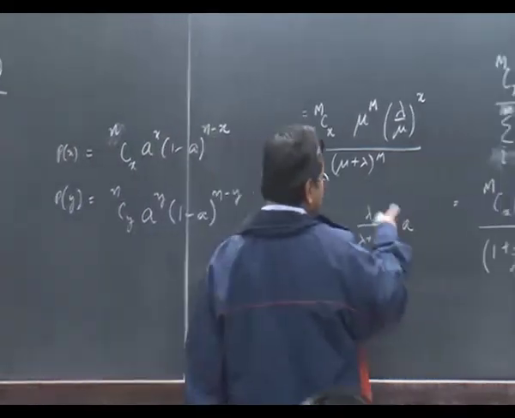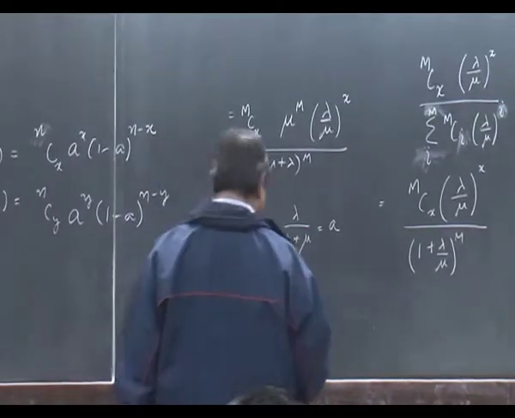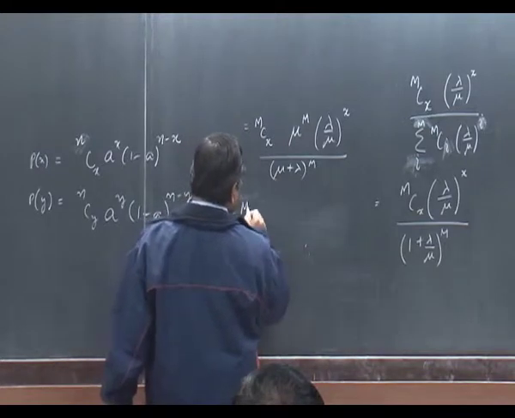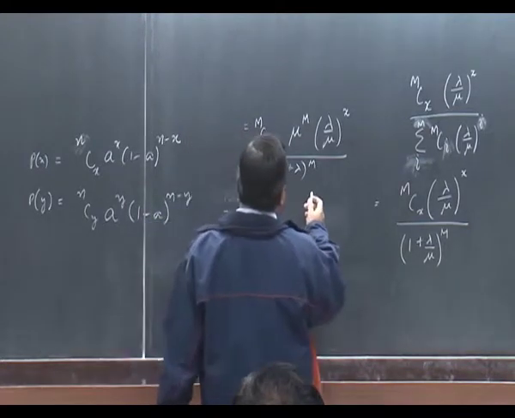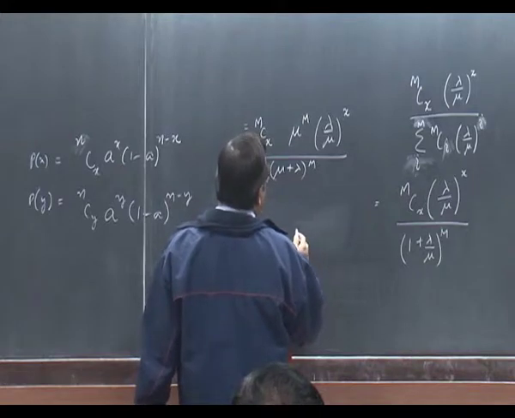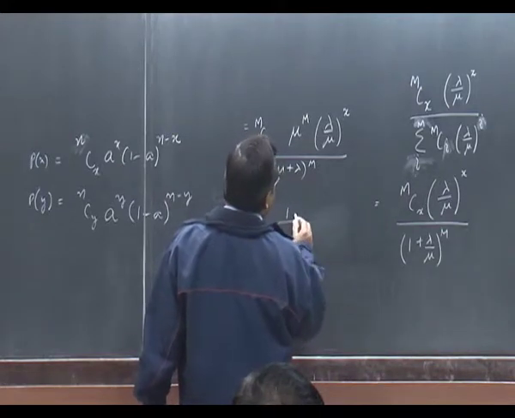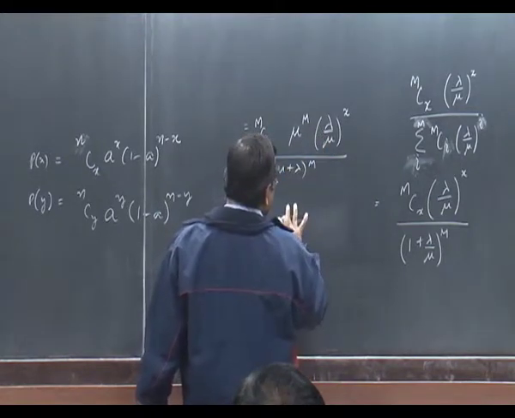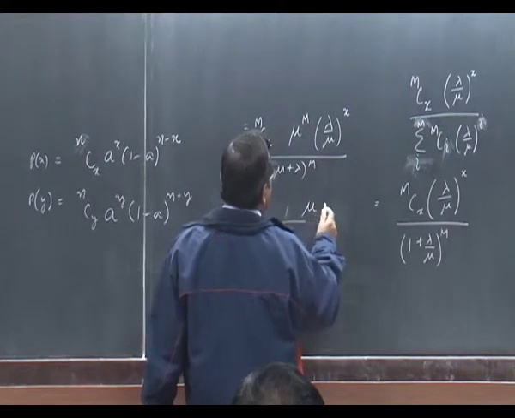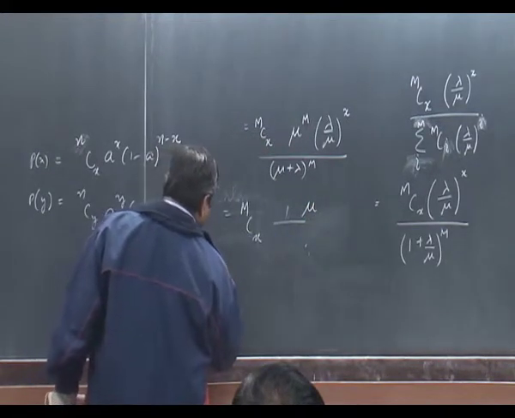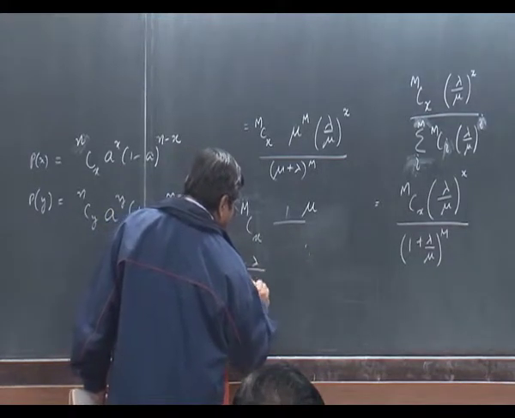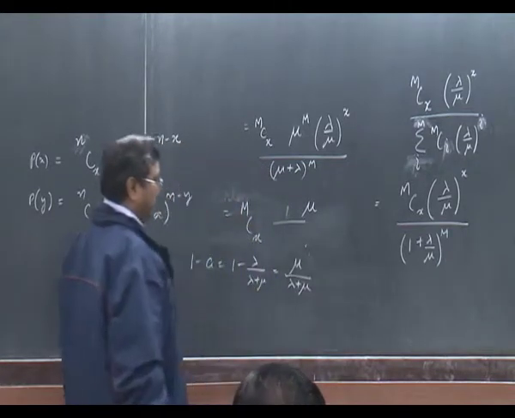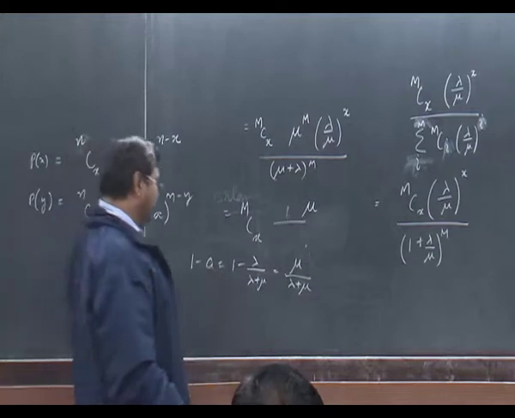So now solving, I need to just convert everything to A, and this will give me this thing. I think this is a step where I missed out. So I require, and of course 1 minus A is 1 minus lambda plus mu. Okay, so I will just do that conversion.